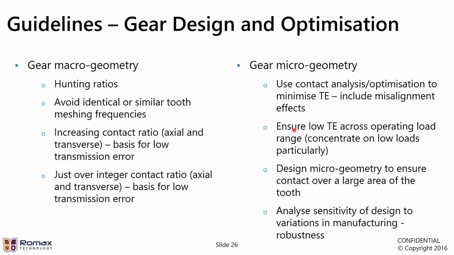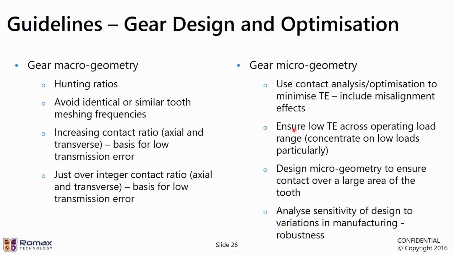But usually we want to concentrate on the lower loads, because if you think of, for example, a car at lower road speeds or low vehicle acceleration, we don't have lots of engine noise to mask, and we don't have lots of wind, road and tyre noise to mask it. That won't be true in every situation, but typically we concentrate on optimizing the low loads while still making sure that the higher loads are not too noisy.